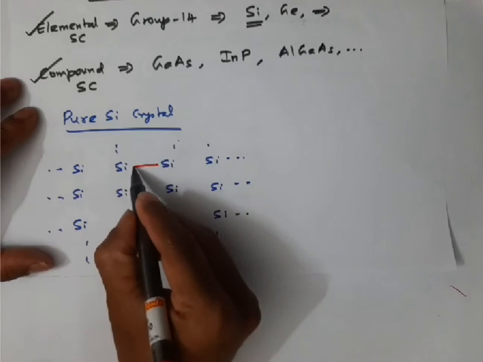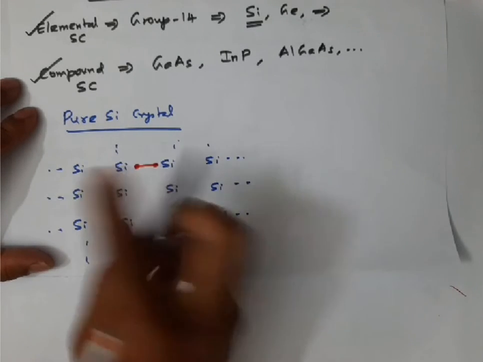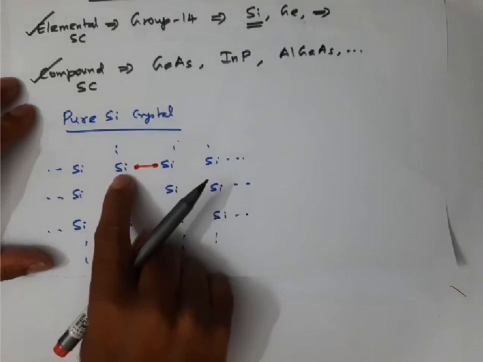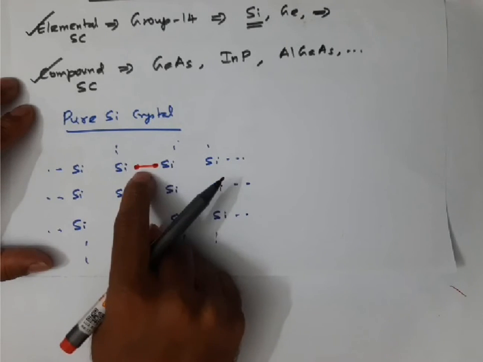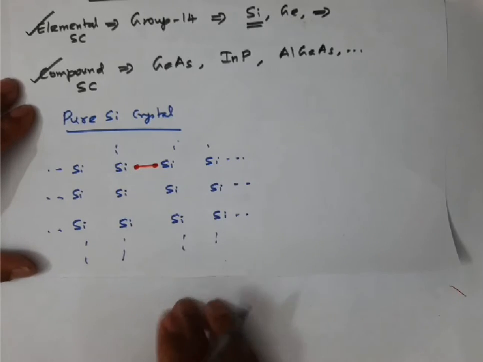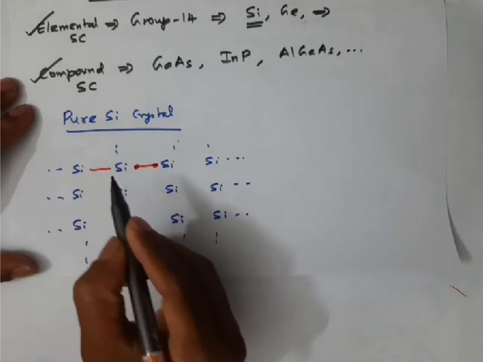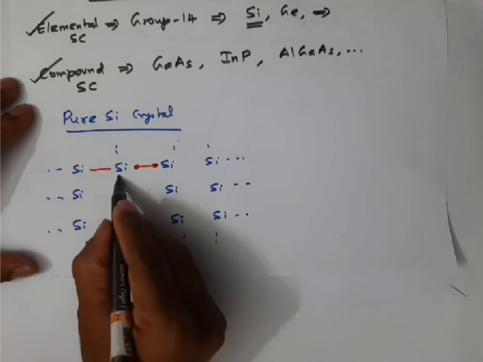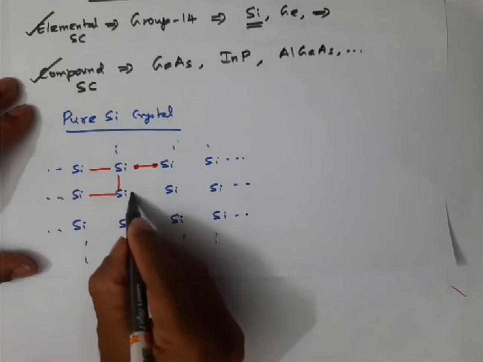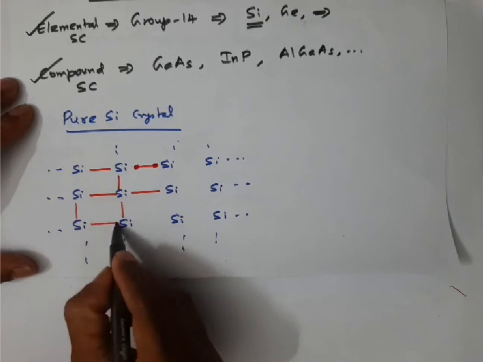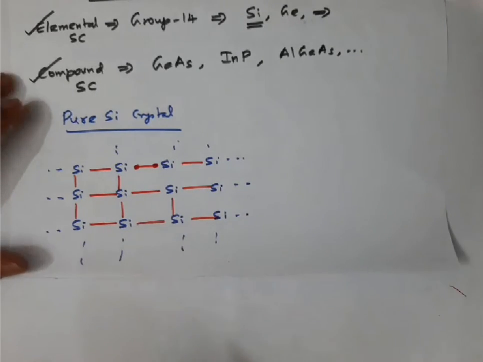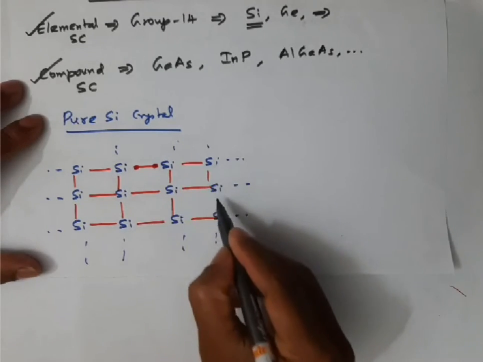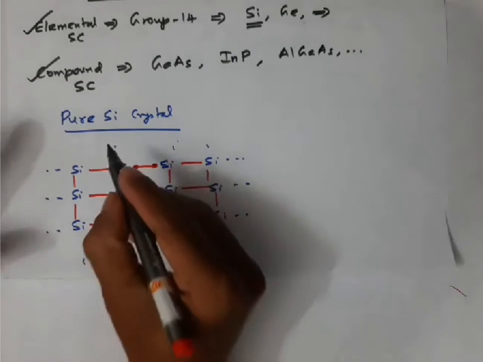In this covalent bond, each silicon atom shares one electron. This silicon atom shares one electron, that silicon atom shares one electron. So both the silicon atoms share the 2 electrons. Similarly, between these two silicon we have a covalent bond. In the entire crystal of silicon, the adjacent silicon atoms are connected by covalent bonds.